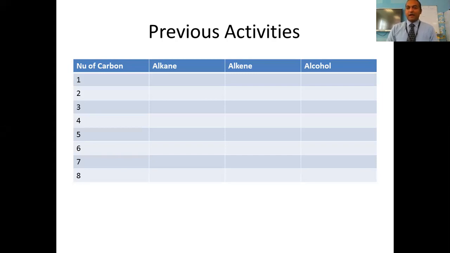If not, take out a piece of paper and try to do this. It will be helpful for you and you would use it. So I'll be showing in the whiteboard behind here how to name alkane, alkene, and alcohol without memorizing it by just remembering that monkey eats peanut butter.